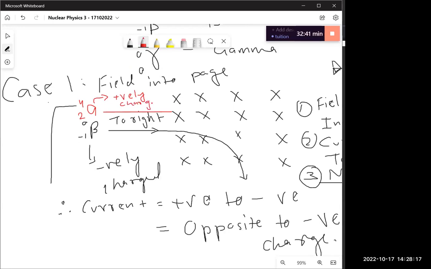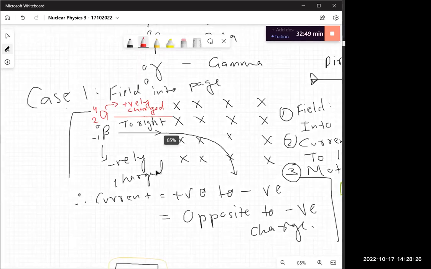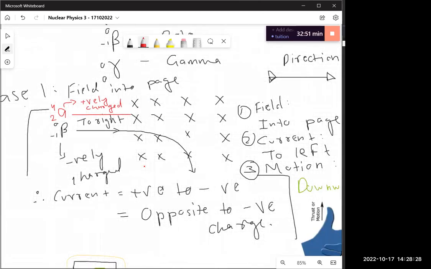What is the charge of alpha particles? Okay, so it's positively charged. And the current is in which direction? It's always positive. It will not switch. We only switch for negative particles. For positive particles it's the same.